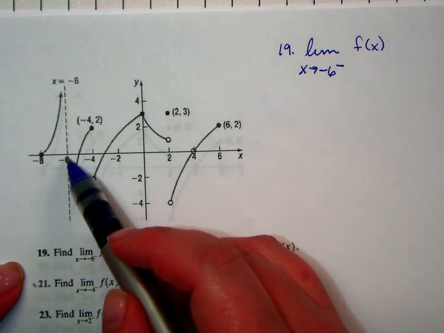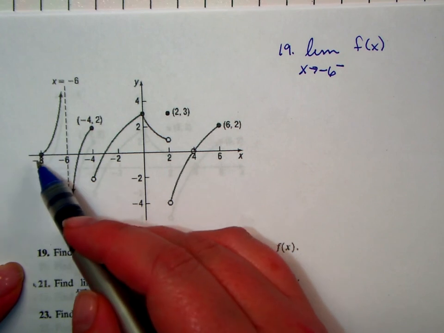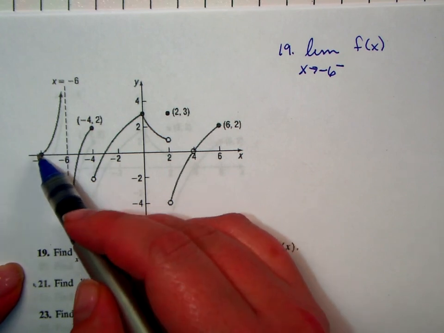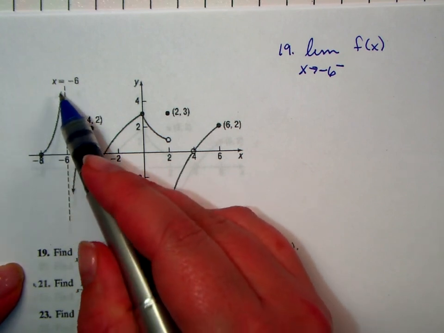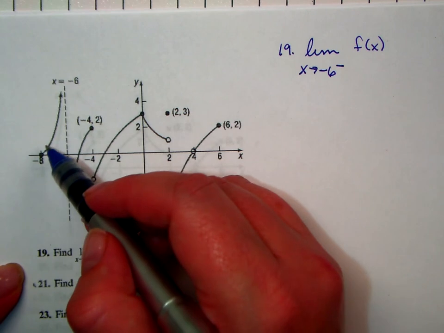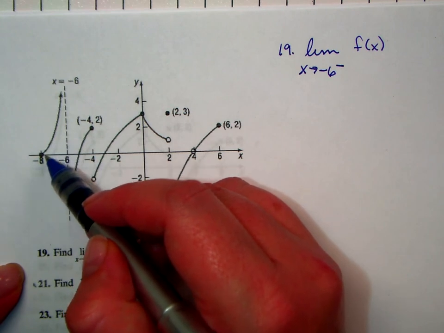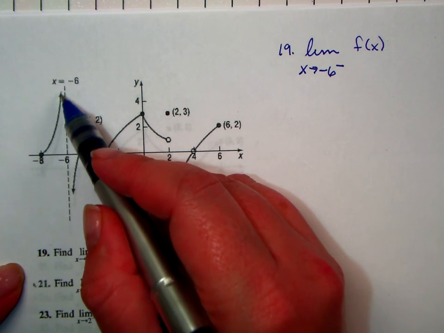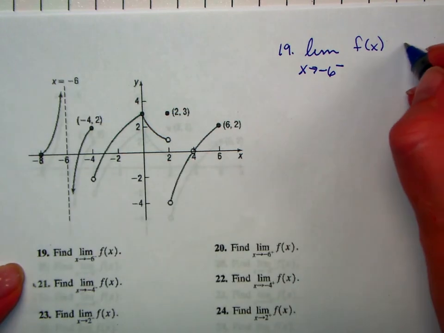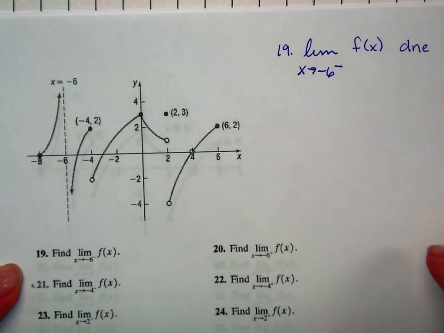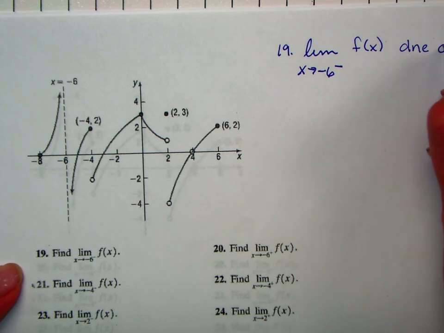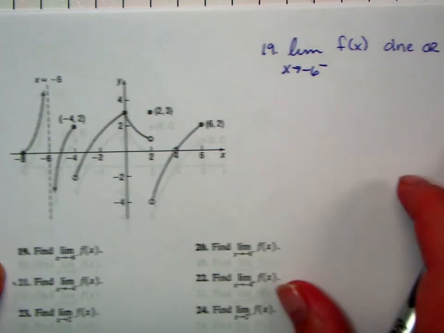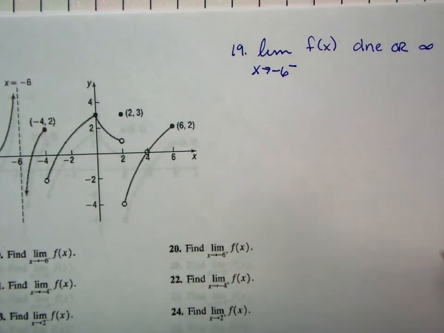So -6 on the left, we're looking at this function here. So this function here, as we get closer to -6 but less than -6, it's going off to infinity. And so I'm going to write does not exist here. Okay? Because the limit does not exist. Or we could write infinity is also acceptable in most cases, but technically the limit does not exist.